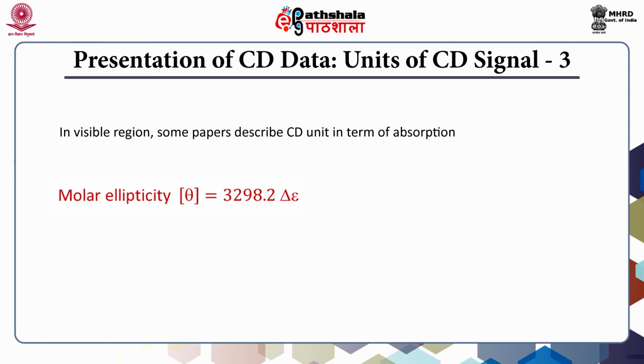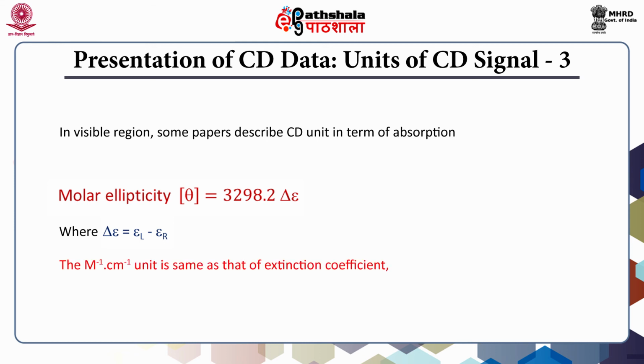If we take this difference and multiply it by 3298, we get the ellipticity. Epsilon is the extinction coefficient, epsilon L is the extinction coefficient experienced by left-handed circularly polarized light in the medium, and epsilon R is that for RCPL. The unit of delta epsilon is the same as the extinction coefficient, that is per mole per centimeter.